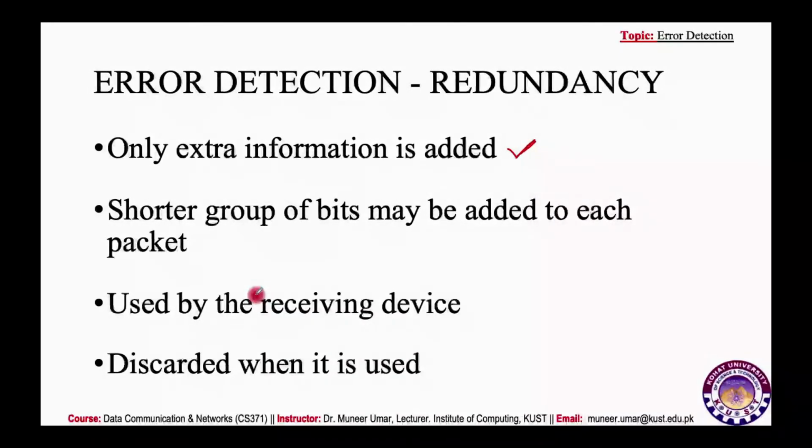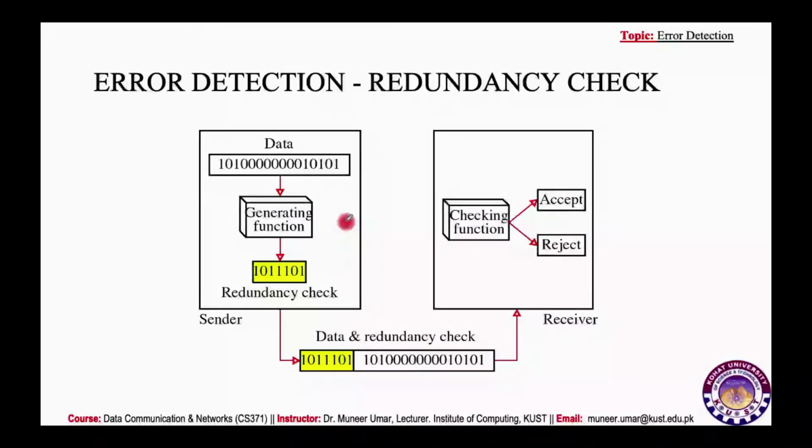If the receiving device detects an error, then it discards the received packet, and if it detects that there is no error, then the data is accepted and the additional bits, the redundant bits, are discarded. So this diagram shows the process of adding redundant bits and then the redundancy check on the receiving side.